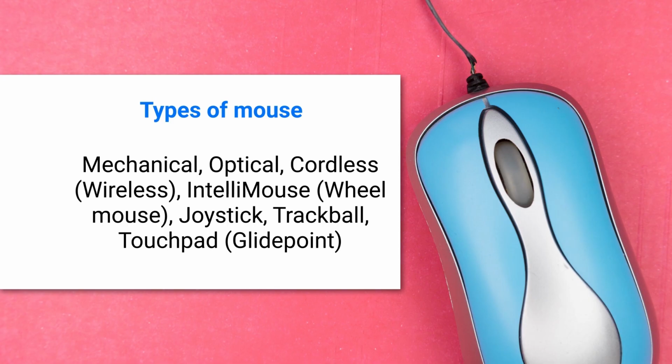Then we have a touch pad, which is mostly used in our laptops, where we have two buttons and a rectangular box where we can move our fingers to assign different tasks, like selecting a particular icon, or finding out the properties of a particular folder, and so on. Then we have the glide point touchpad also. So these are the things which are used as a mouse in advanced form.